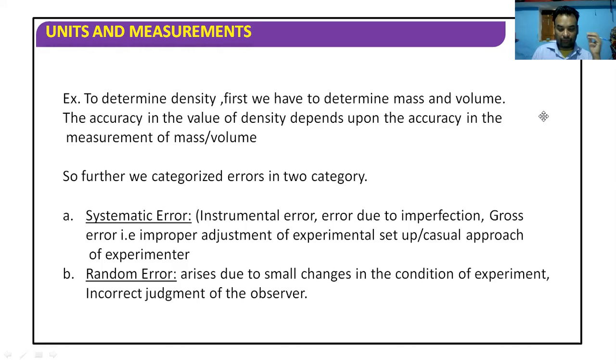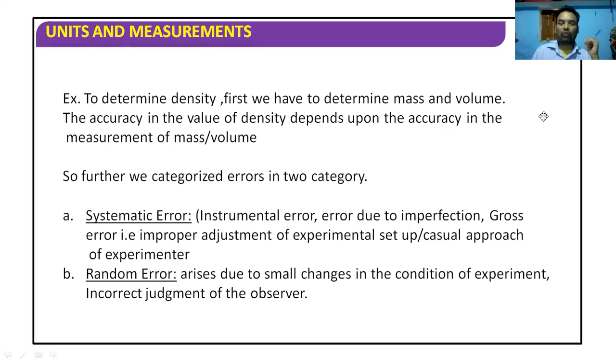I have one beautiful example. Suppose we are measuring the weight of a body with the help of a spring balance, and our pointer is indicating in between 20 and 25 kilogram.